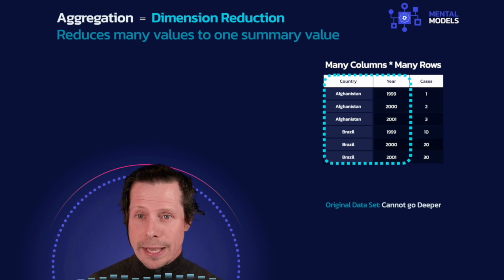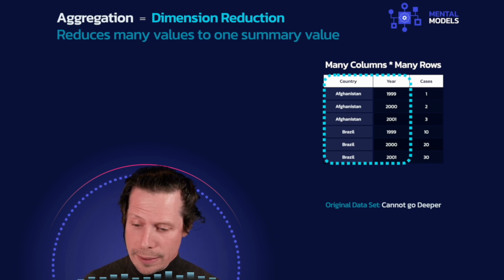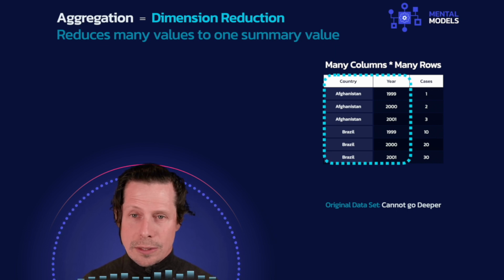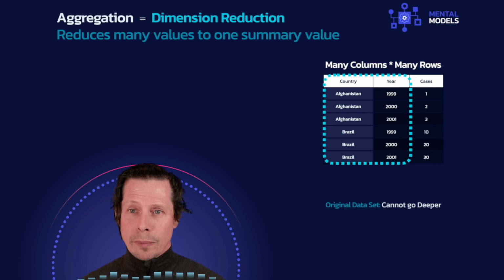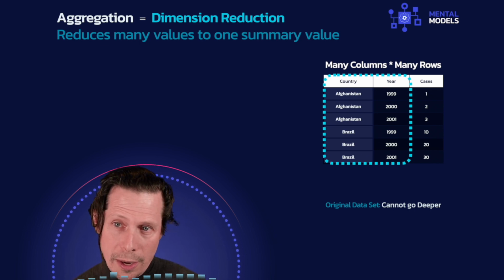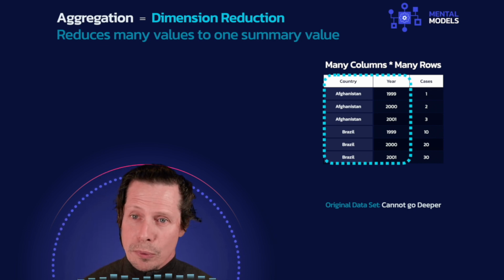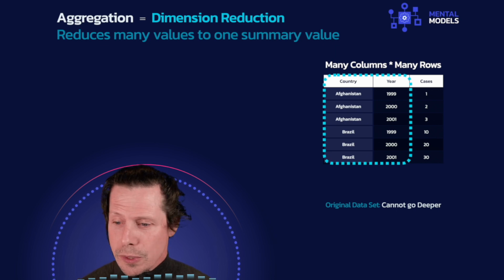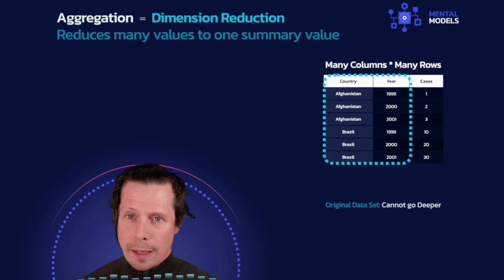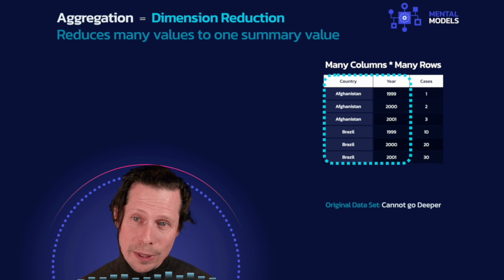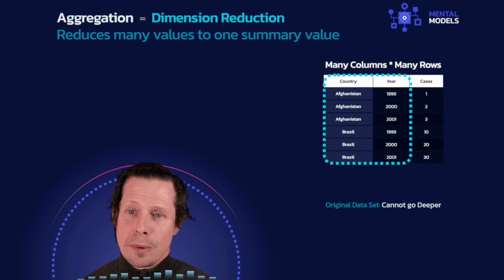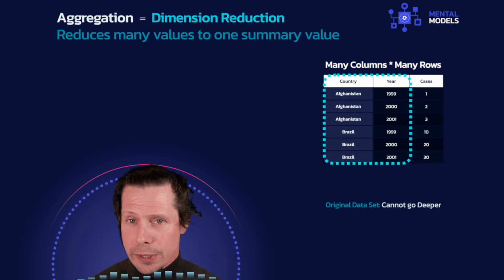In this original data set, let us opine that the original data has the granularity of country and year, and we've got an observation of the number of cases for that country and year in this original data set.